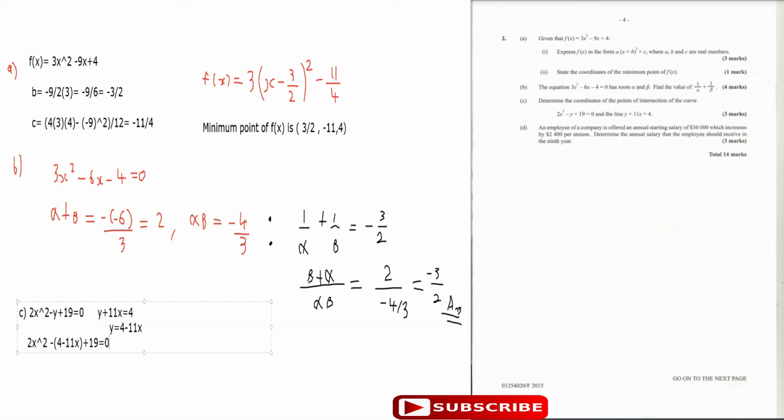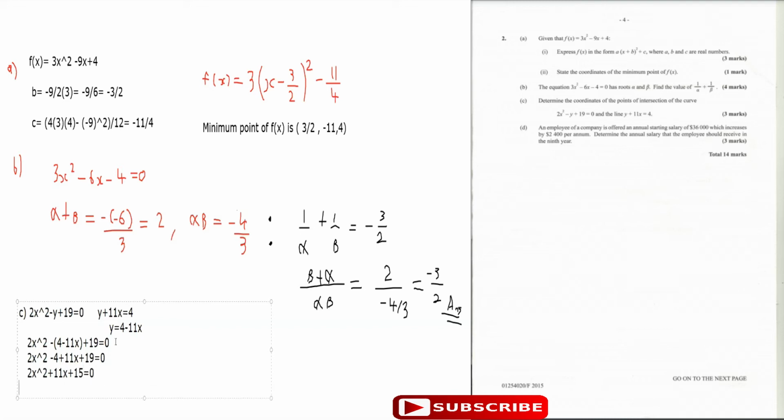So substitute the equation of the line into the equation of the curve. By doing that, we get 2x squared minus 4 plus 11x plus 19 is equal to 0. If we simplify this, we get 2x squared plus 11x plus 15 is equal to 0.